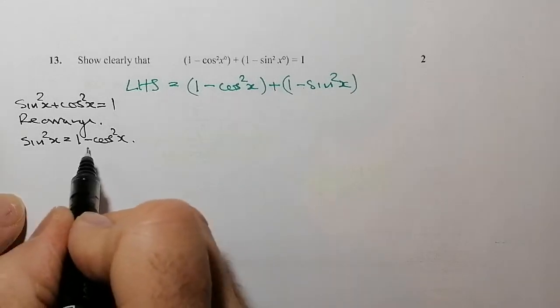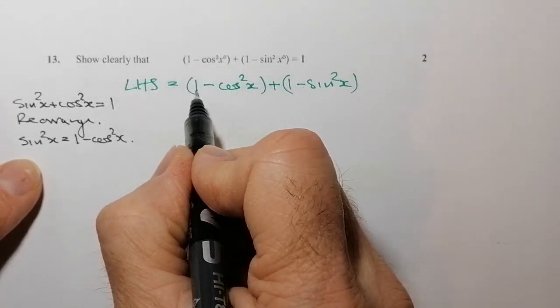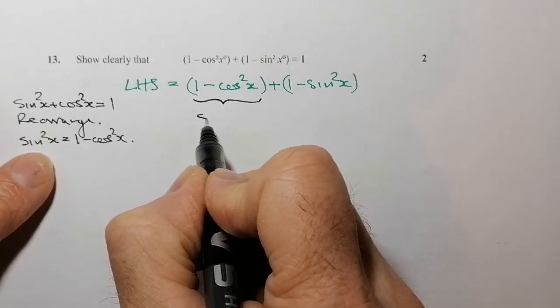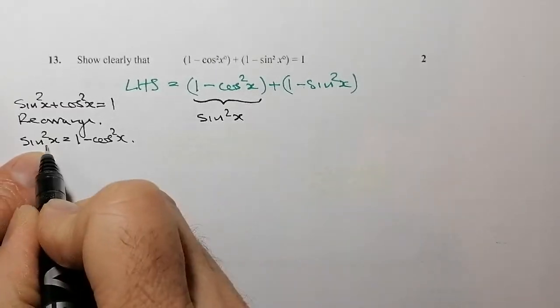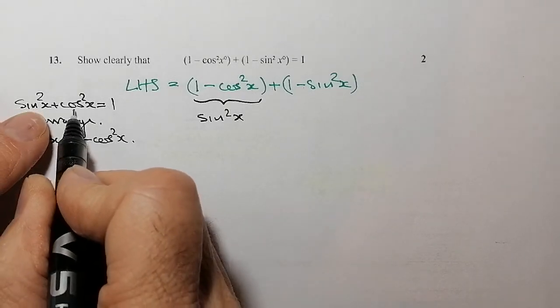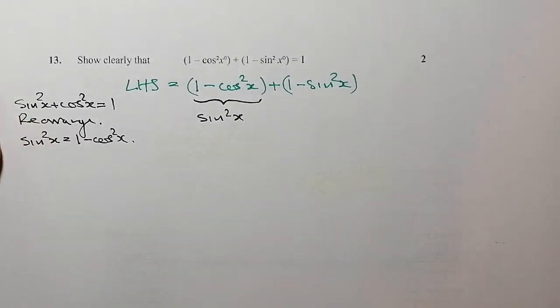So in here, instead of this part here, I'm replacing that with sine squared x, because I can see that sine squared x is equal to 1 minus cos squared x from that trig identity that I've been taught.